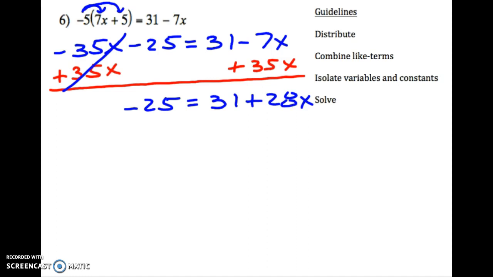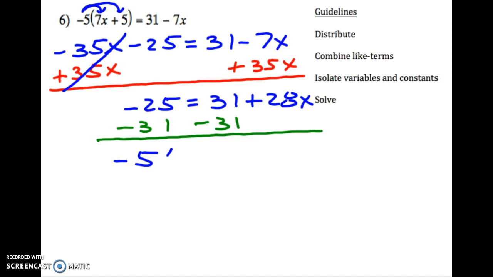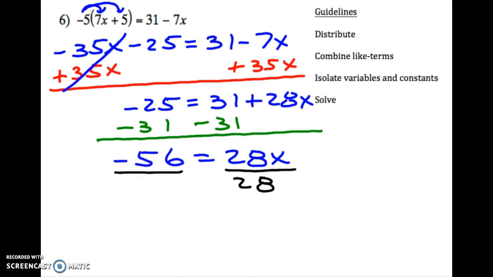Next, I want the constants on the same side, so I'm going to subtract the 31 over. The negative 25 and the minus 31 should give me a negative 56. At this point, we divide by the 28. And x equals negative 2.